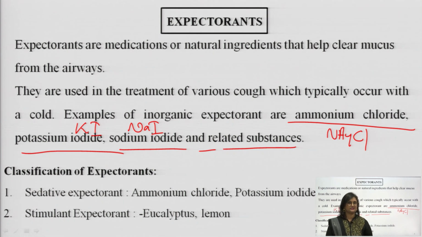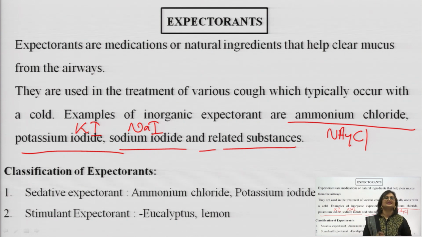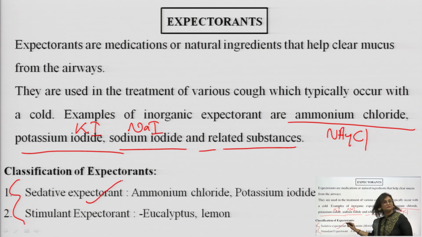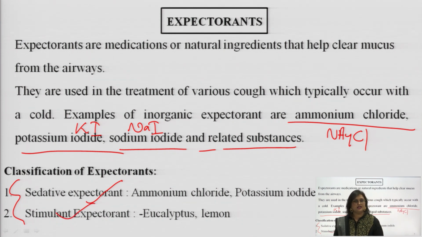Now, let us understand expectorants in detail. Let us see the classification of expectorants. Expectorants can be classified pharmacologically into two subheadings. Number one being sedative expectorants, the second one being stimulant expectorants.